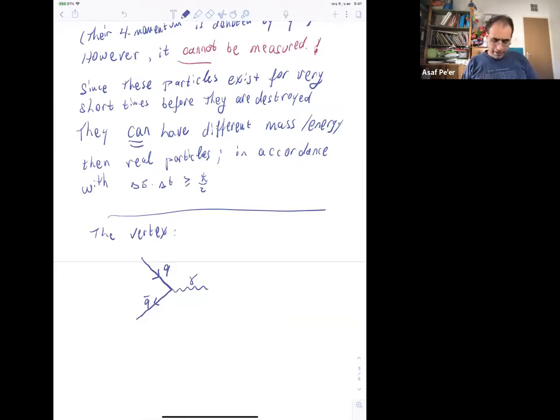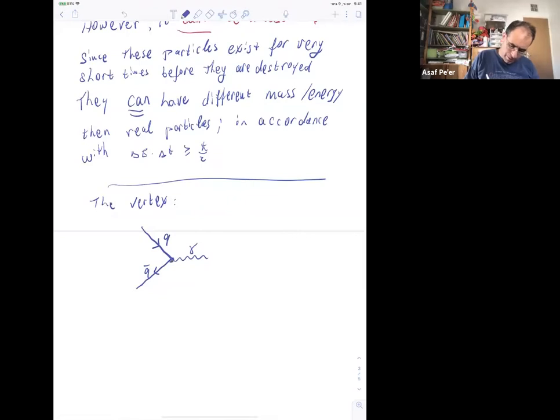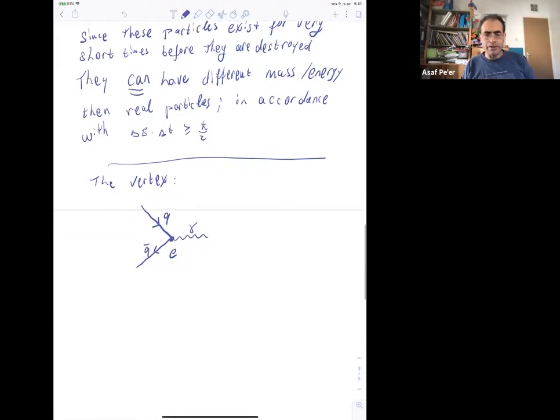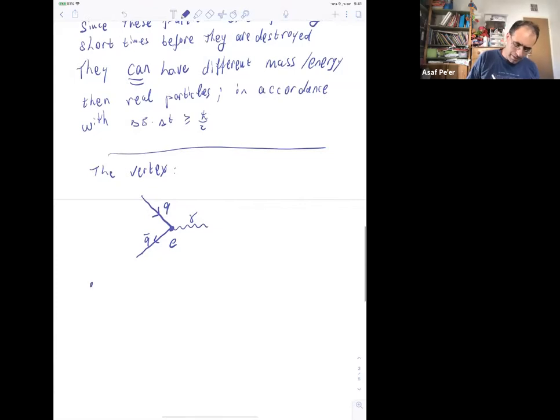Okay, so the vertex here, which we denote with an E. This is the most important ingredient in a Feynman diagram. This is where particles are created or destroyed.